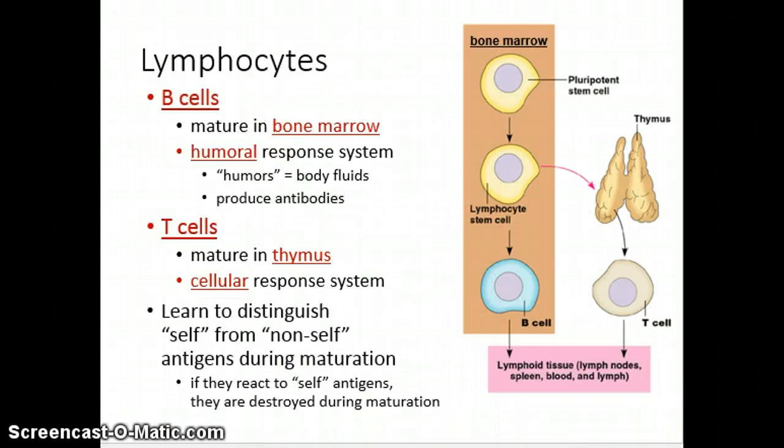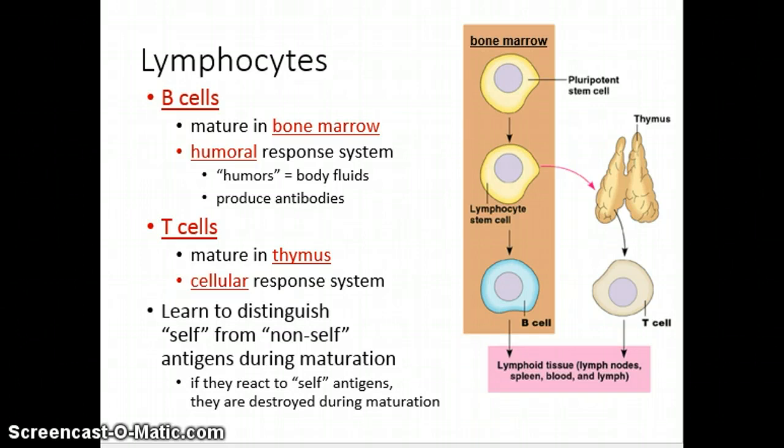Again, B and T cells are lymphocytes, and they come from the same stem cell line, but they develop in different locations. B cells, where we get the B, come from bone marrow. That's where they mature and develop. Because they're looking for the entire antigen, they are considered the humoral response system.